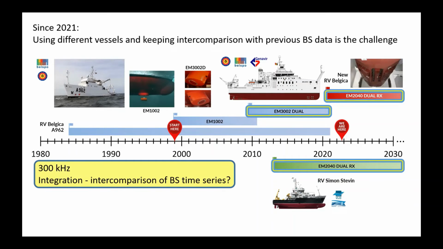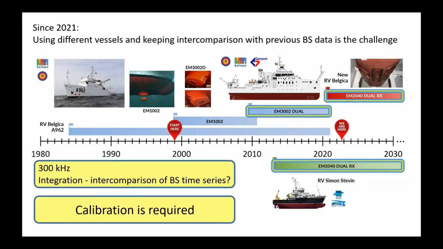We want to share the data, to merge data in a common time series. We want as well to make the junction with the old time series acquired with the EM3002, same frequency, always at 300 kHz. And for that, of course, calibration is required.